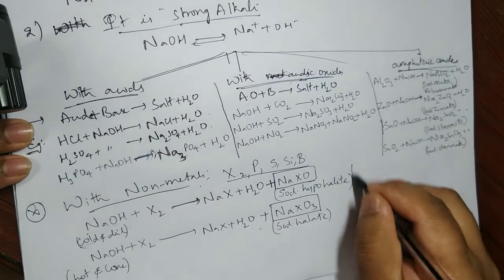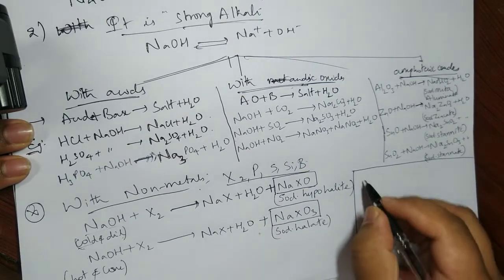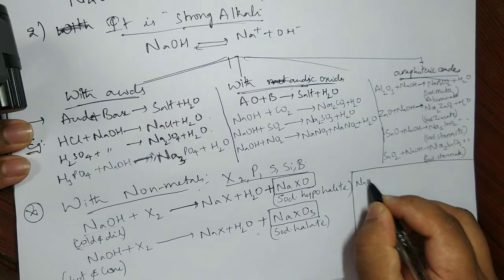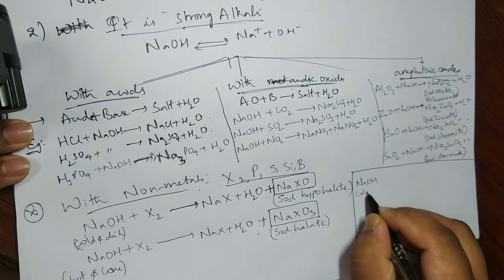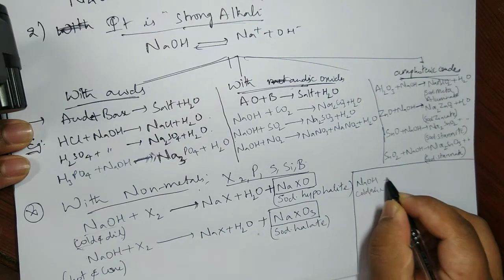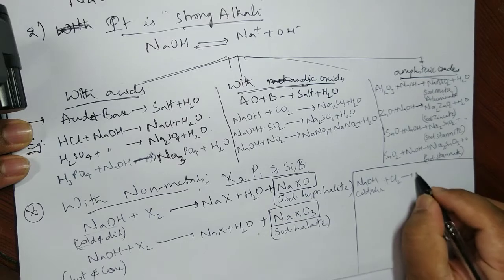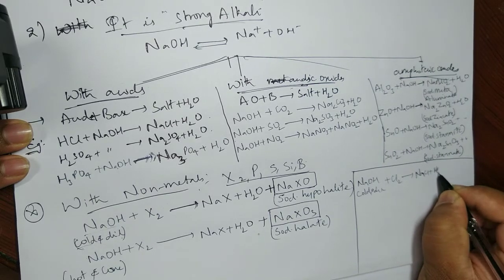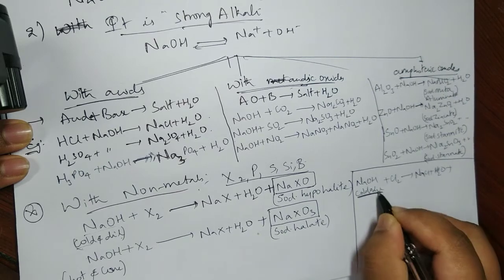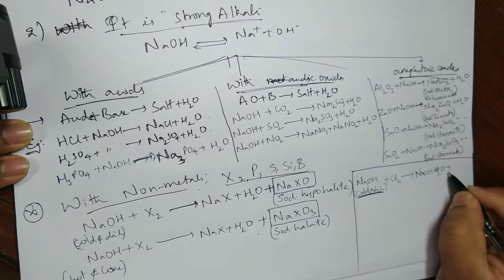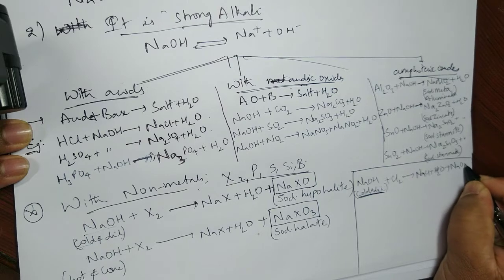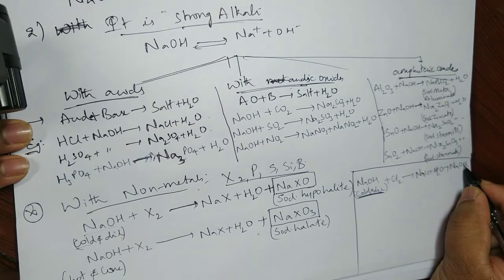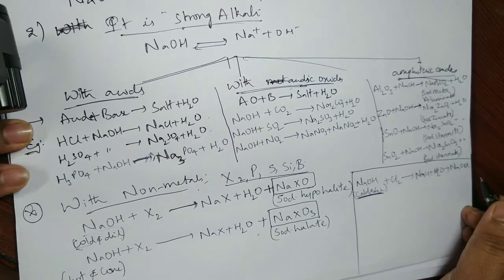Just for example, NaOH, if mentioned as cold and dilute, plus Cl2. What are the products? NaCl plus water plus, cold and dilute means it should form NaOCl, which is called sodium hypochlorite.